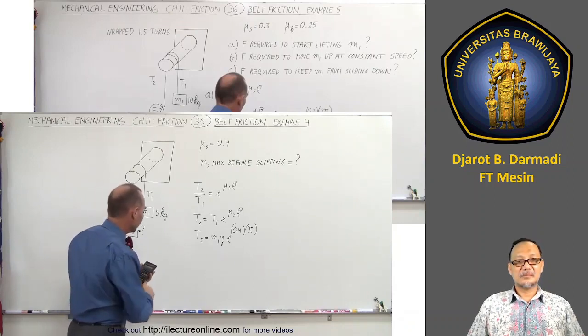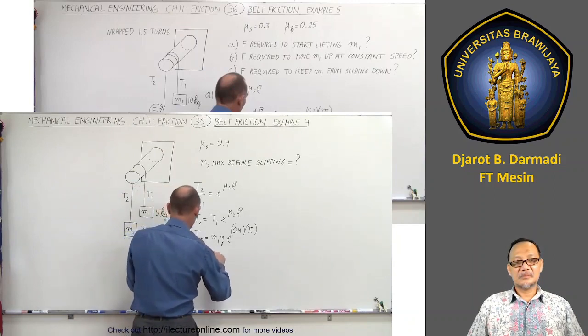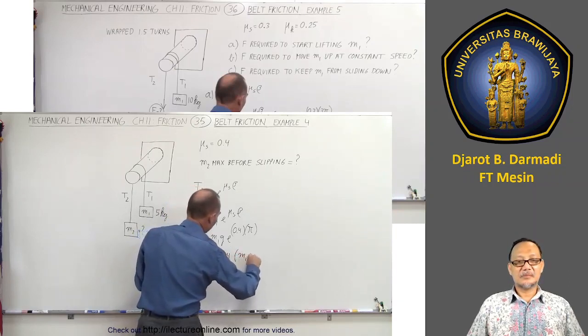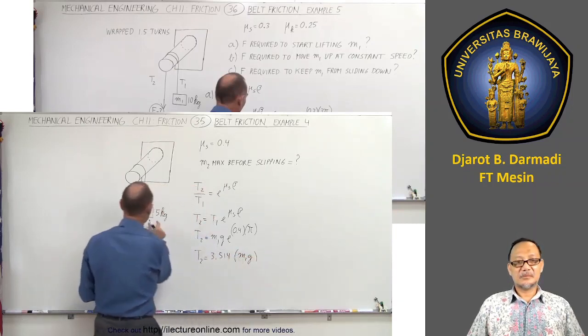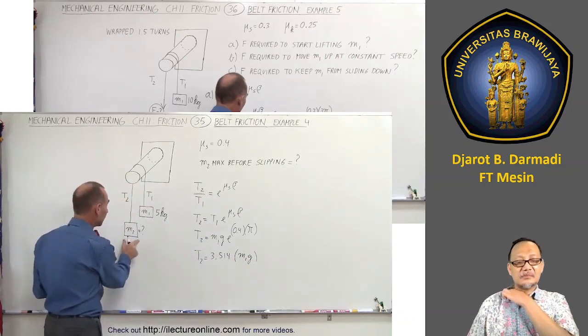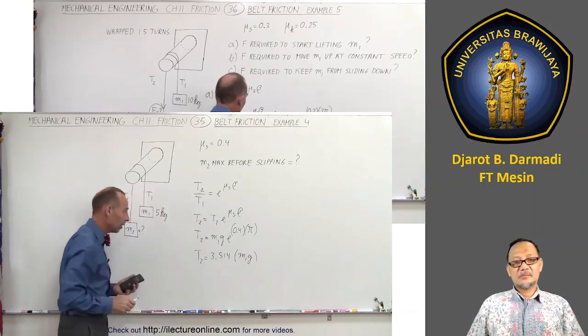And so what that tells us is that T2 is equal to 3.514 times M1 g, the weight of the other side. So in other words, we could place an object here that has 3.514 times the mass of M1.